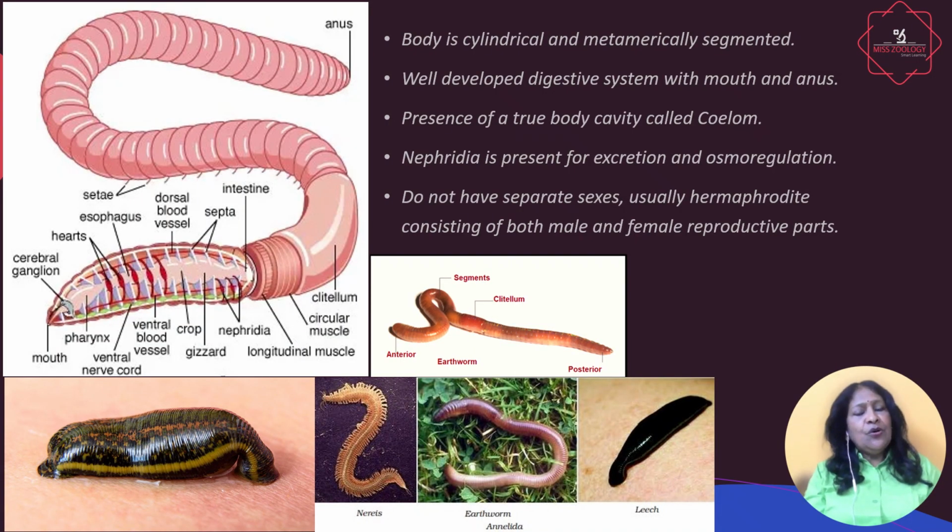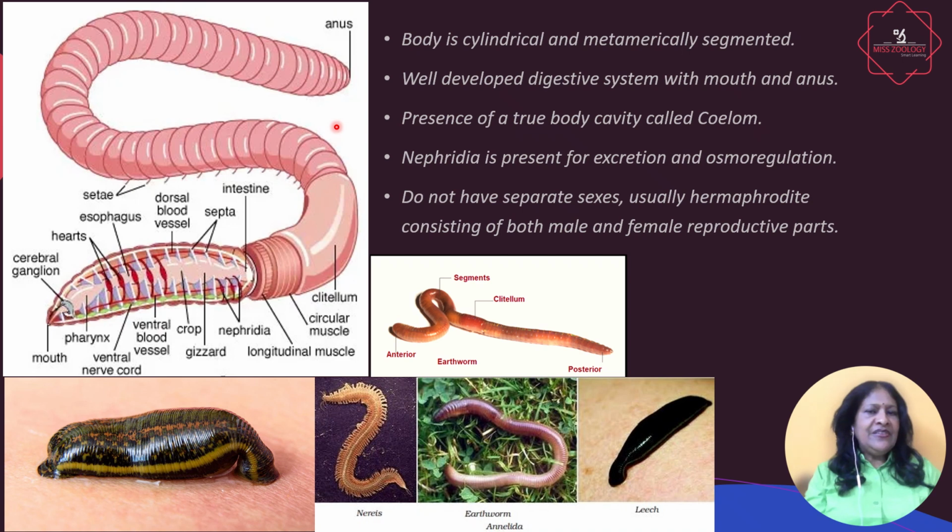Here you can already see the first point being written as the body is cylindrical and metamerically segmented. What does that mean? Metamerically means this segmentation is repeating in a similar pattern throughout.